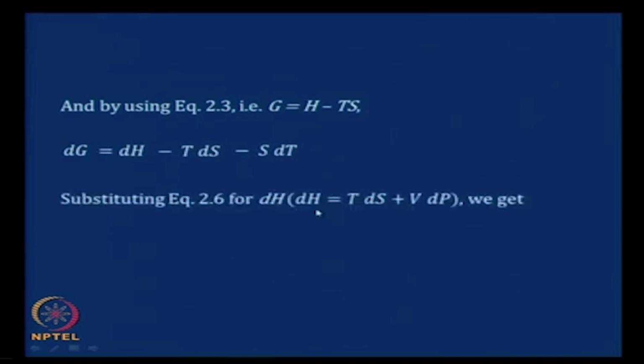We know that dH is TdS plus VdP, this we have already seen when we derived equation 2.6. Now if we substitute TdS plus VdP for dH, you can see that this TdS and this minus TdS will get cancelled out, and what we are left with is dG equals minus SdT plus VdP. Let us call this equation 2.8. Remember, we have derived these equations for a closed system.